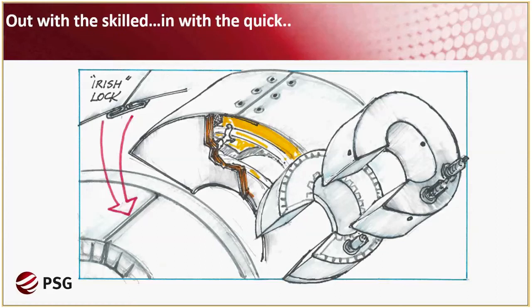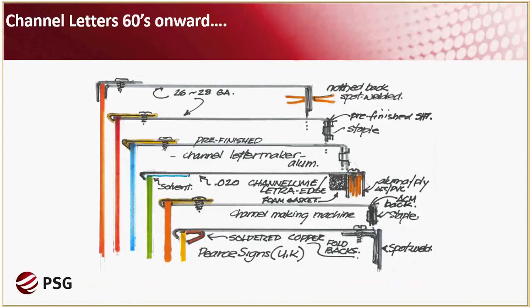And the back became porous and subject to infiltration of dirt much more than the classic sheet metal channel letter. Here's a chronological, or if you will, evolutionary look at how channel letters evolved. With the classic, with the formed retainers, then the trim caps, with the advent of stapling, when stapling became the method.